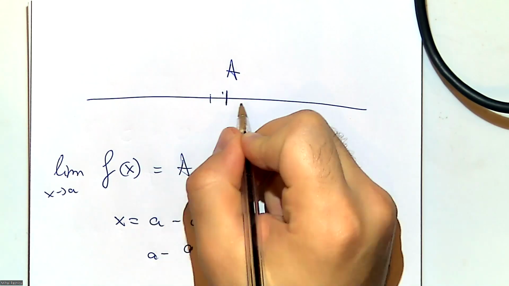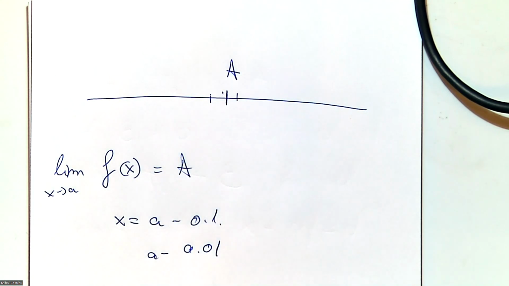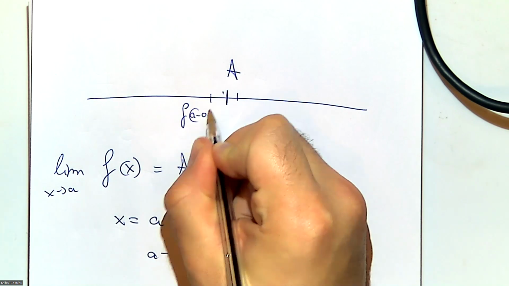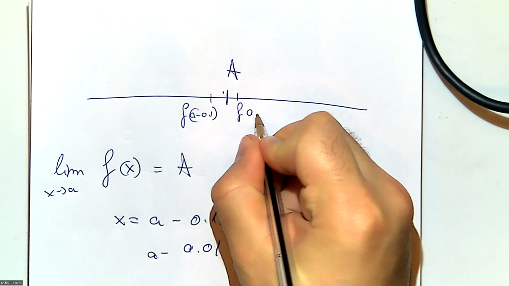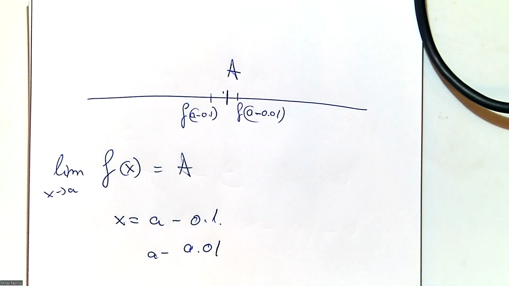Careful, I'm not saying I'm going close from any particular direction. The closer I move x to small a, the closer f of x goes to big A. That is the formal definition in English.